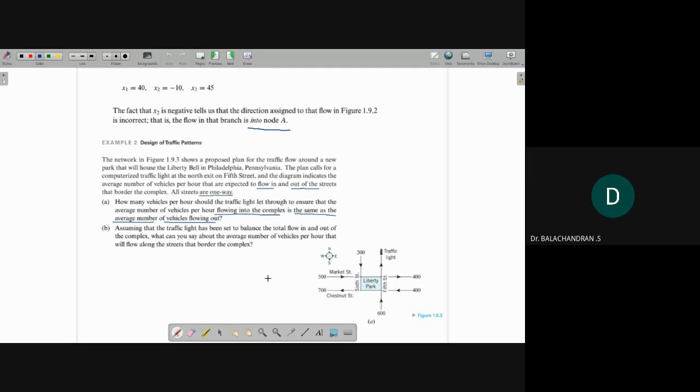The network in figure 1.9.3 shows a proposed plan for the traffic flow around a new park that will house the Liberty Bell in Philadelphia, Pennsylvania. Actually, I sent this PDF this morning; I sent 5 PDFs. You can see the traffic flow problems. This problem is one of them.